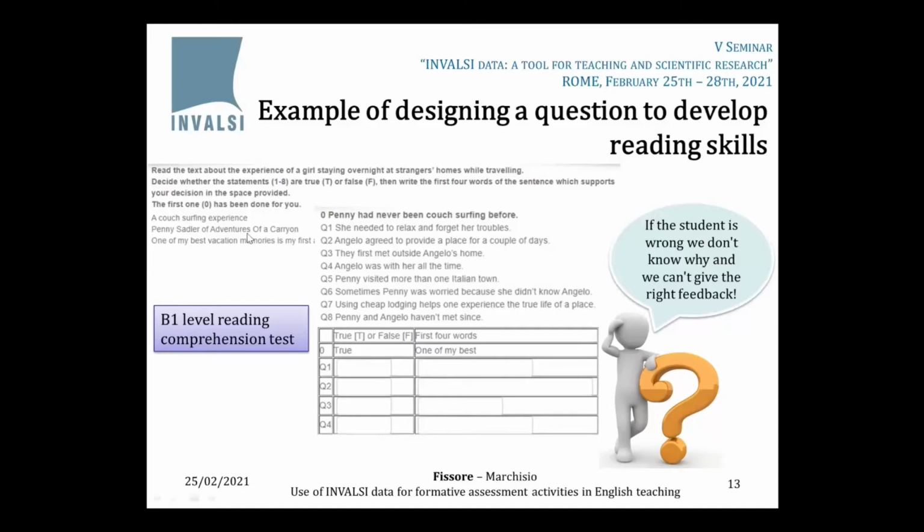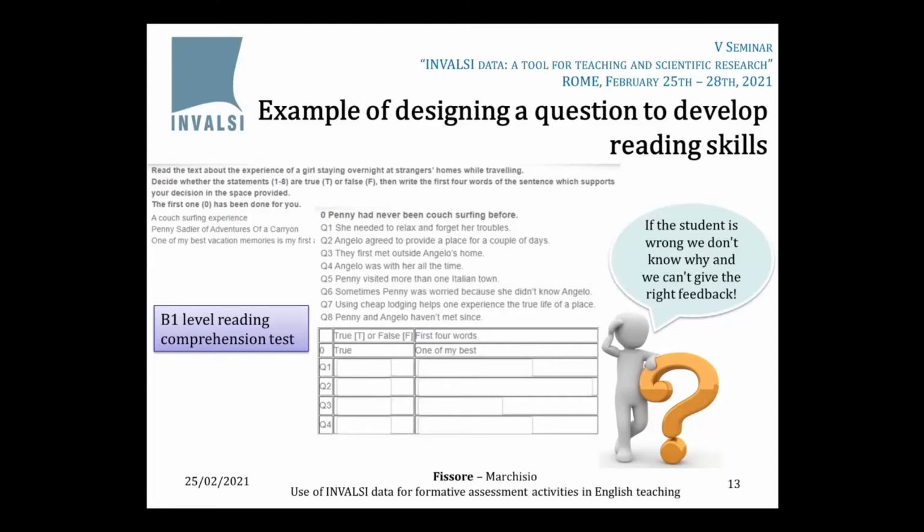The students must read the text. In the slide, there is not all the text, but only a short extract. The student must read the text and the statements from Q1 to Q8, and then in the table for each statement, the student must indicate whether it is true or false and must provide a justification by identifying the first 4 words of the sentence that contains such justification.